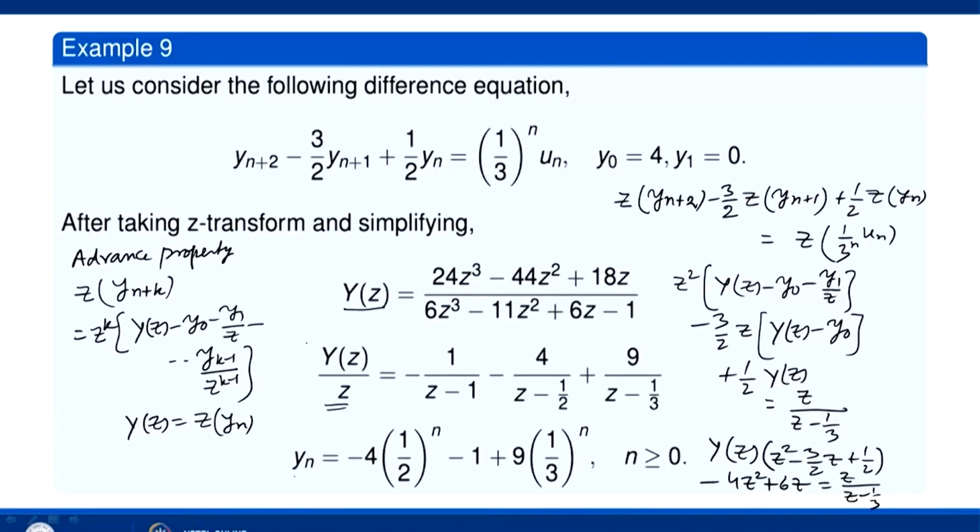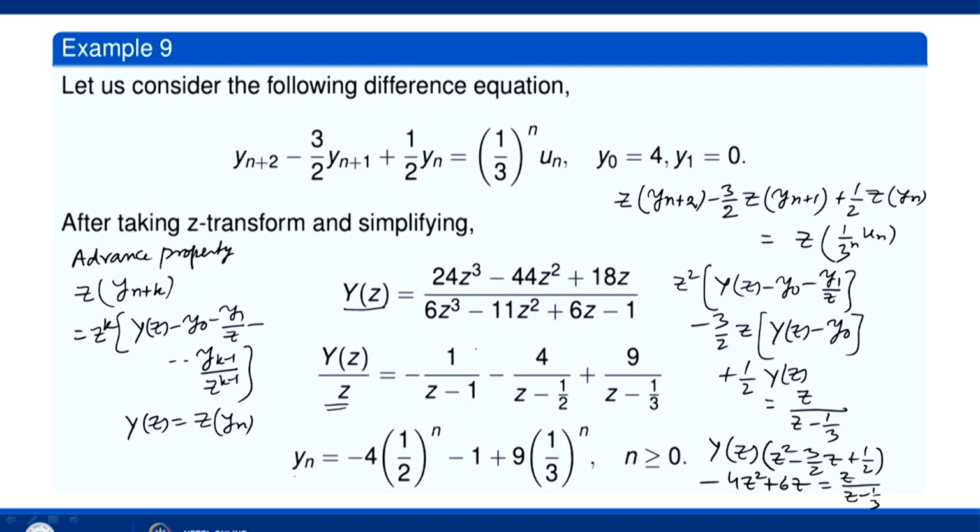When we have Y z as a quotient of two polynomials, we factorize the denominator, see its factors. If the factors are linear, okay, we write Y z over z, that is we divide by z, and then the Y z over z expression is factorized into simple factors.